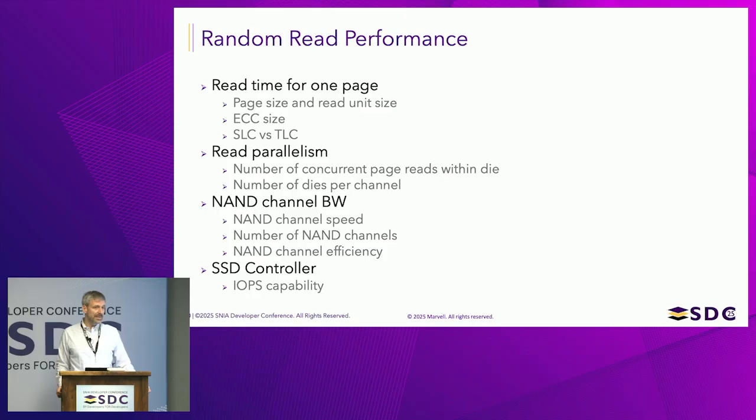You have to look at the efficiency of the NAND channel, because the NAND channel, similar to the PCIe link, has command overhead, and look at whether further improvements are necessary. And then, as I said before, we also need to look at the SSD controller and the IOPS capability of the SSD controller, especially in terms of the processing and hardware acceleration capabilities.